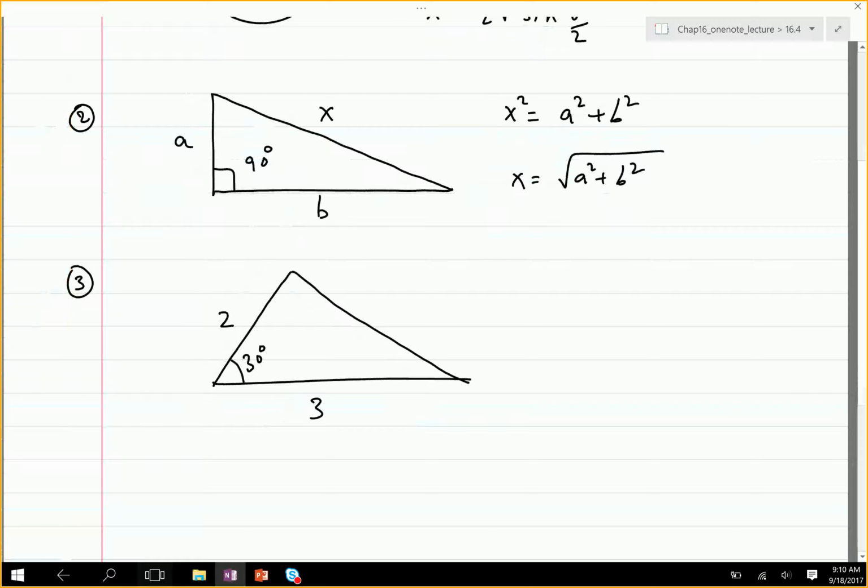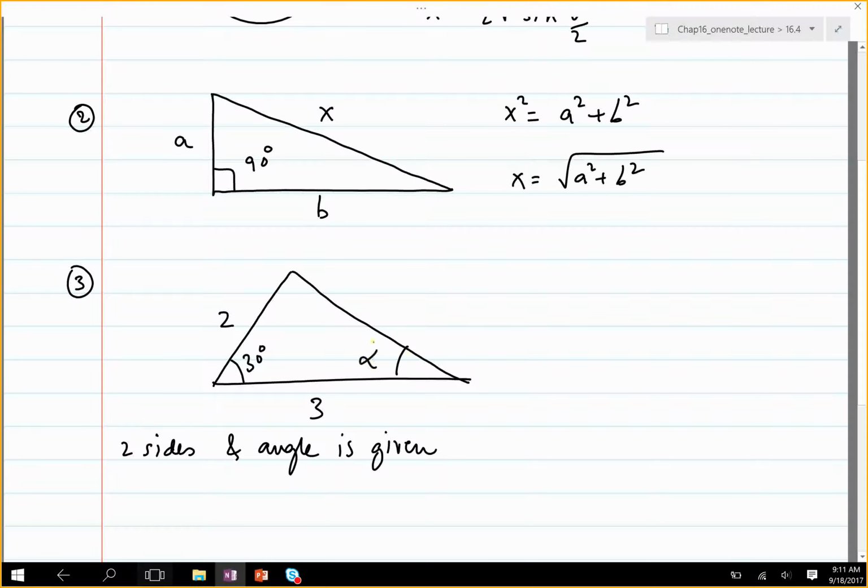So two sides and an angle are given. As long as there are three pieces of information about a triangle, you can find any other angles and sides. So in this case, if I want to find this angle, alpha, and this side, x, how can I find them?